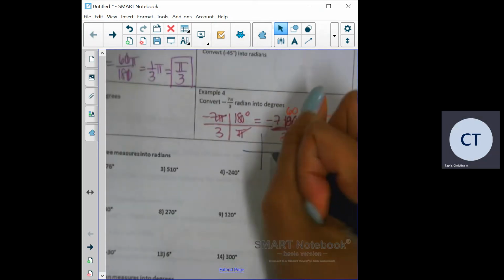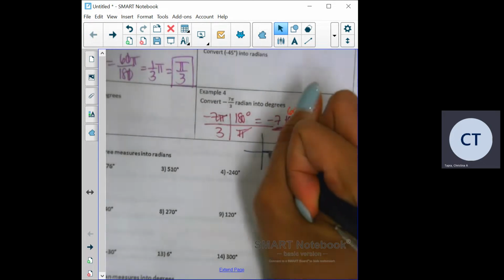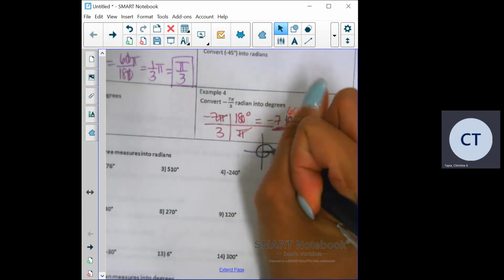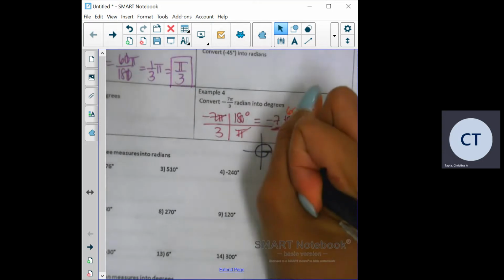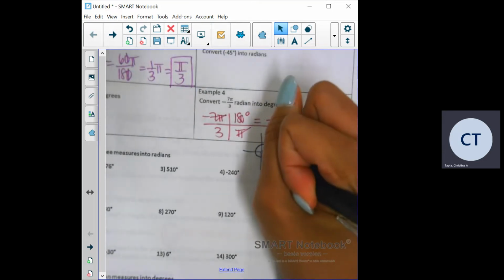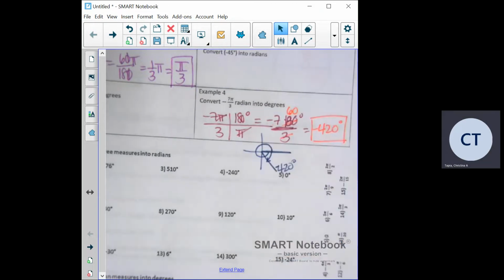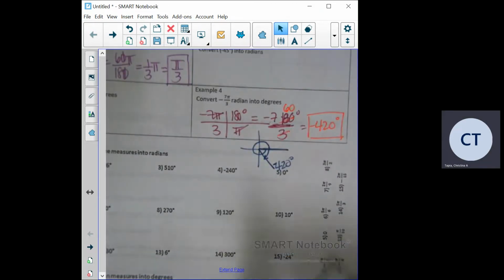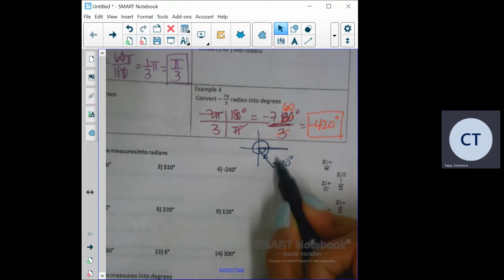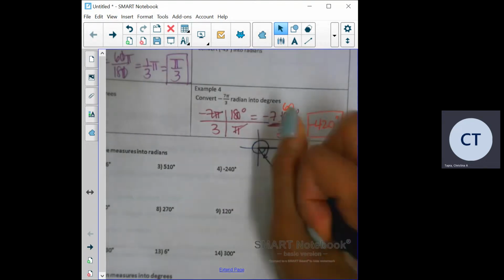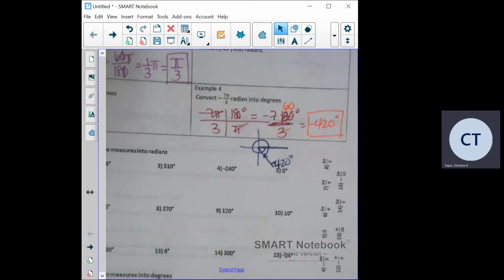So what this technically means is it started here, it went one full rotation around, that was 360, and then it just went a little bit more over to where 420 is. That's negative 420 degrees. So if I asked you to figure out what quadrant that's in, it's probably in quadrant 4 somewhere.